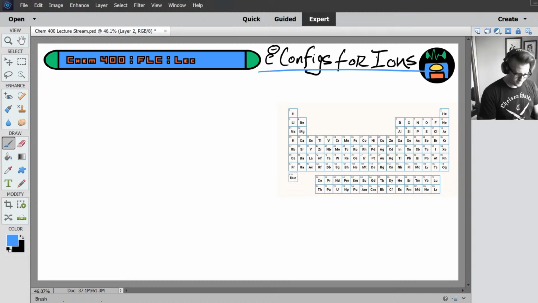Okay, so let's talk about the electron configurations and orbital diagrams for ions. Now, the main difference between an ion and an element, as you know, is that elements are net neutral, right? The number of electrons are equal to the number of protons in the atom, whereas ions have an imbalance, all right?